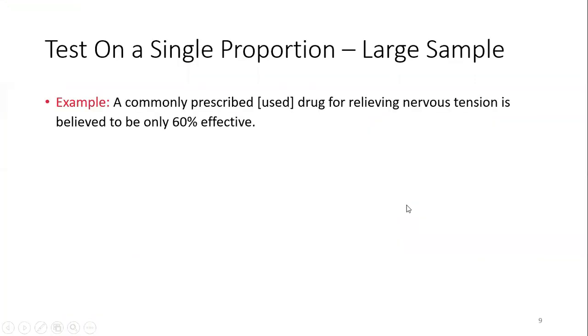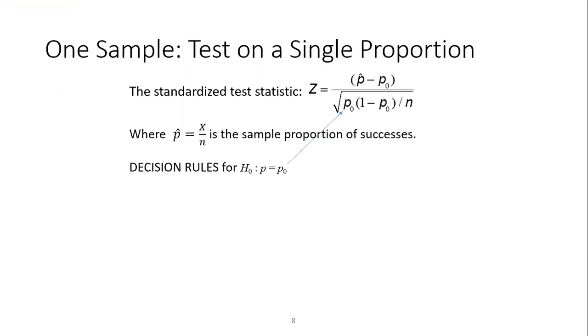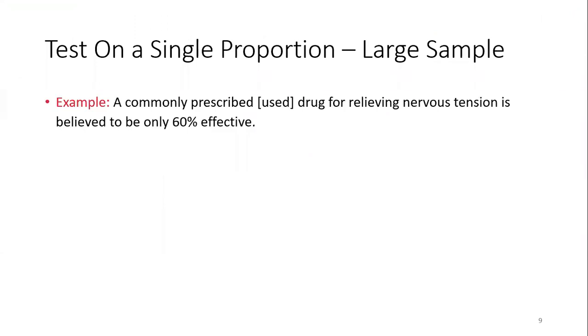So let's make an example. A commonly used drug for relieving people from nervous tension is believed to be only 60% effective.